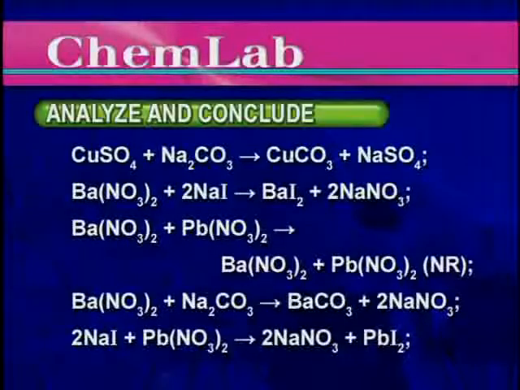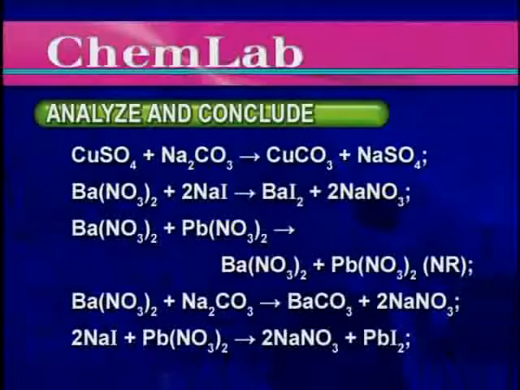Ba(NO3)2 plus 2NaI yields BaI2 plus 2NaNO3. Ba(NO3)2 plus Pb(NO3)2 yields Ba(NO3)2 plus Pb(NO3)2, NR.